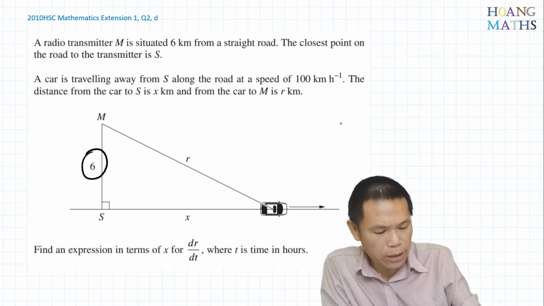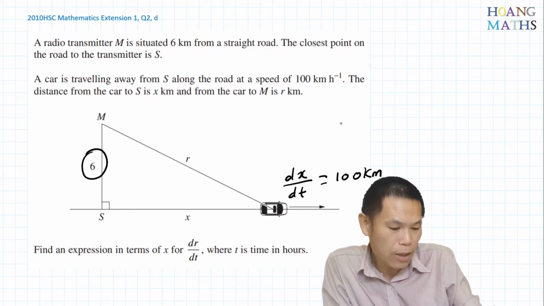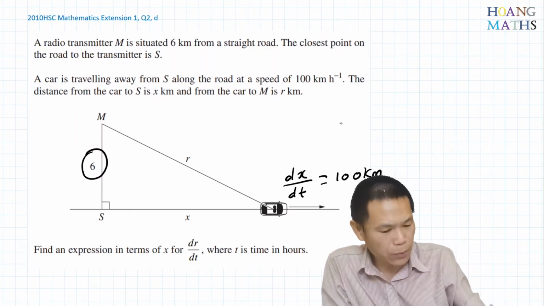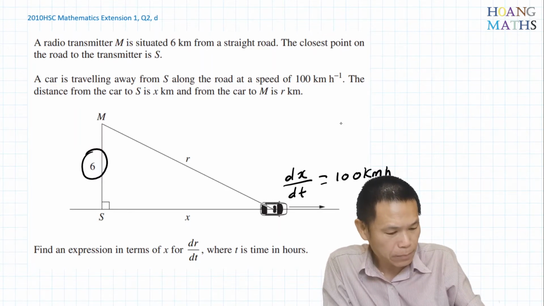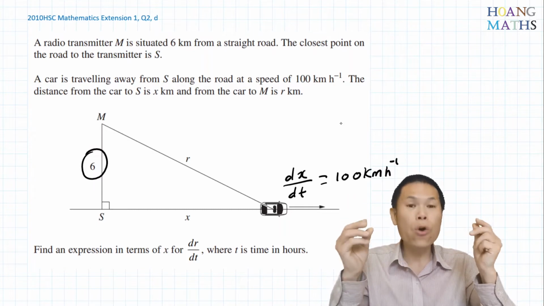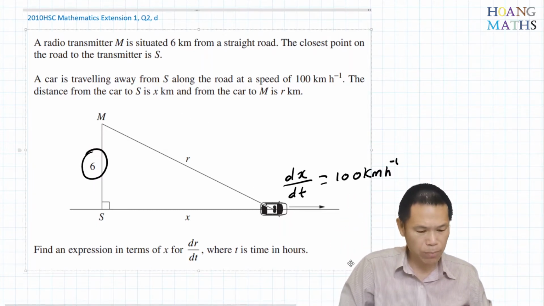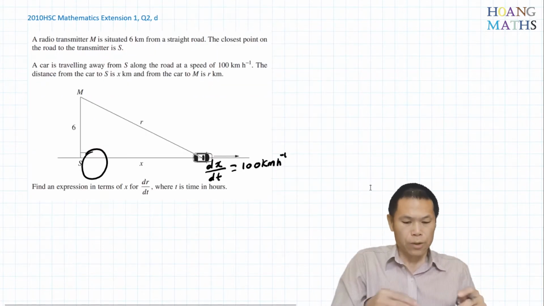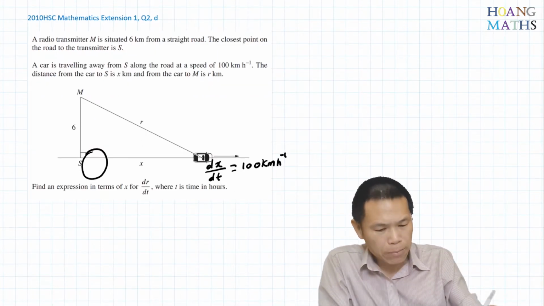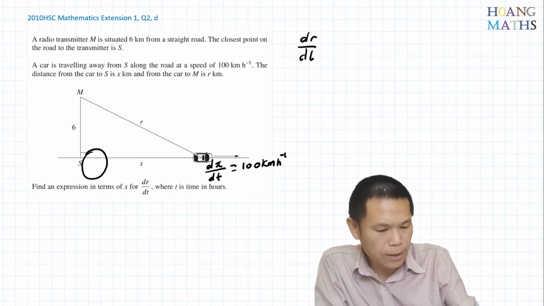So we know that the speed of the car, which is dx/dt, is 100 kilometers per hour. So we write per hour here. There you go. So the question is asking for dr/dt. So let me just make this smaller so I have space to write on. To find dr/dt, we know that dr/dt is equal to dr/dx times dx/dt, using the chain rule.